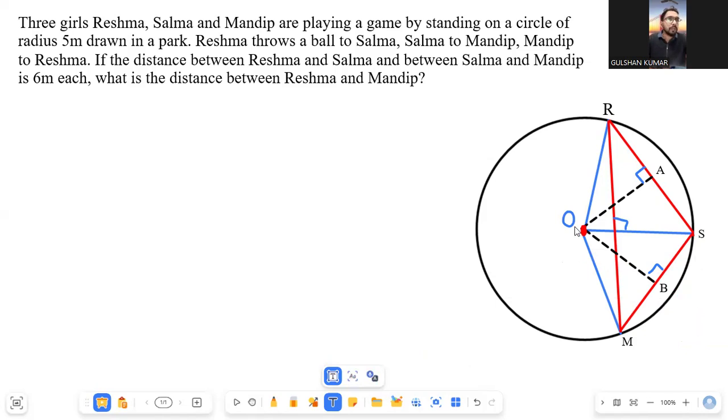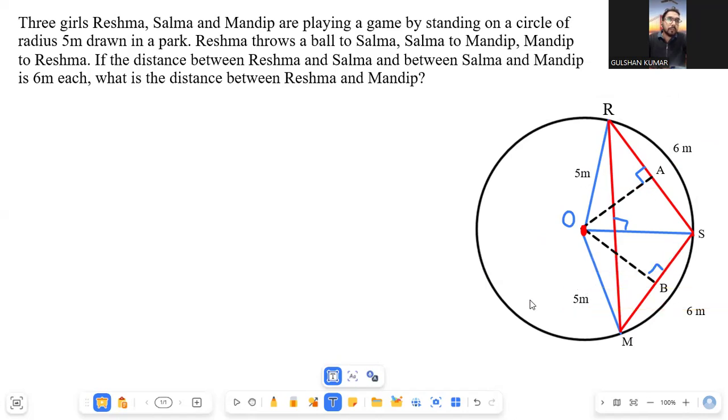We have O as the center, RS and SM equal to 6 meter, and the radius will be 5 meter. This one is also 5 meter. The whole radius is 5 meter.